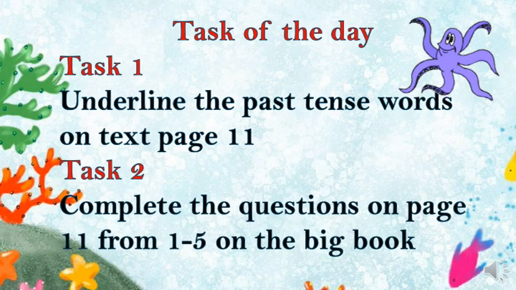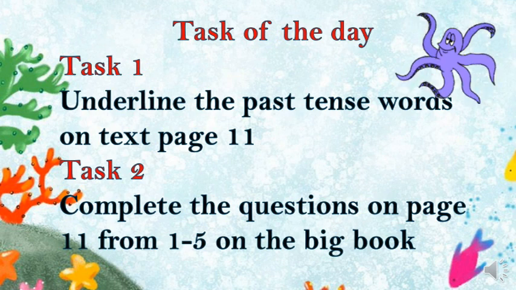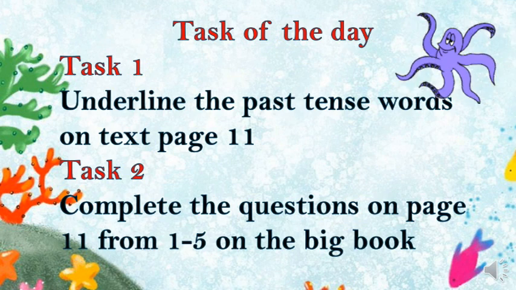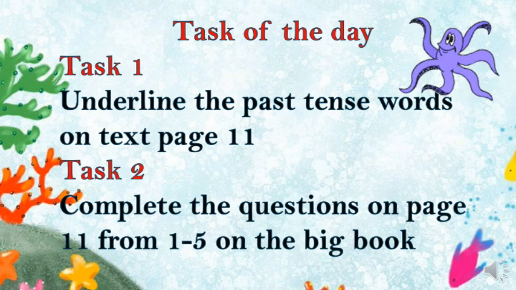Something similar. And task 2 is on the same page 11, there's a text, right? That text you have to read thoroughly and then answer the questions given on page 1 to 5.